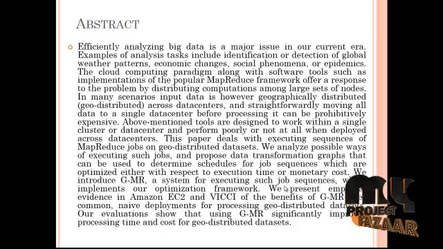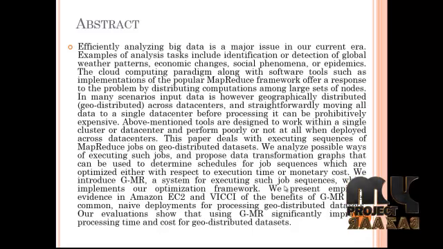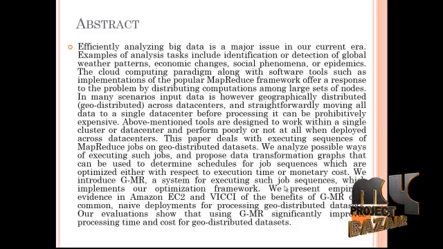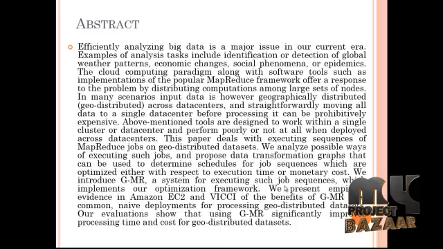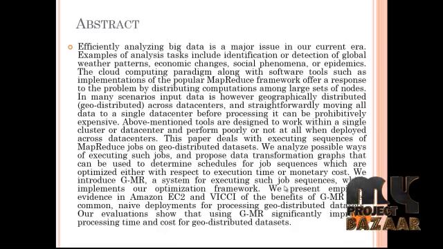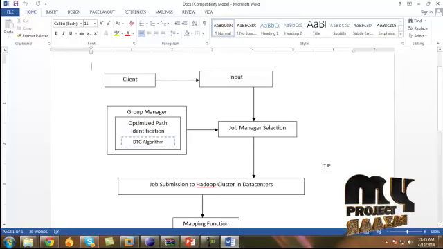We present empirical evidence in Amazon EC2 and VACCI of the benefits of GMR over common naive deployments for pre-processing geo-distributed datasets. Our evaluation showed that using GMR significantly improves processing time and cost for geo-distributed datasets. Next, we are going to see the complete flow from the cloud to the atmosphere.